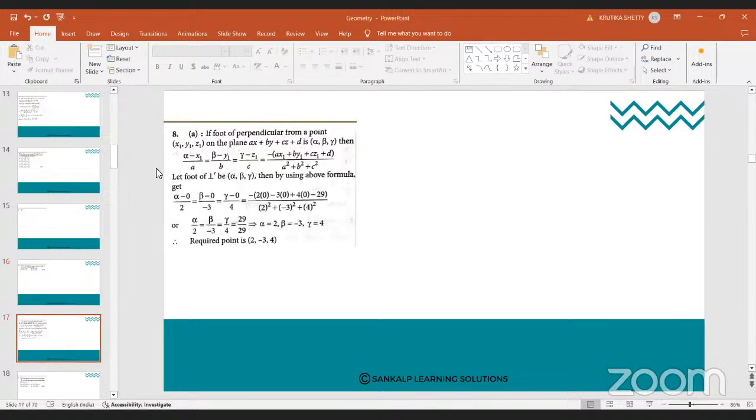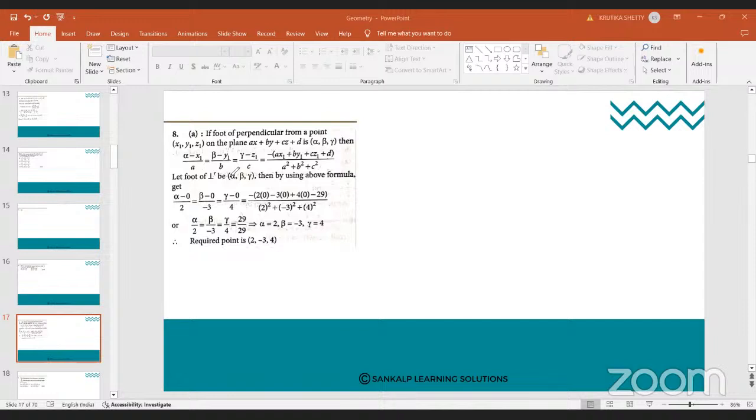So here first, we are considering the foot of the perpendicular from the point (x1, y1, z1) on the plane ax plus by plus cz plus d equal to 0 as (alpha, beta, gamma), and then we get the equation of the type: (alpha minus x1) upon a, (beta minus y1) upon b, and (gamma minus z1) upon c is equal to minus (ax1 plus by1 plus cz1 plus d) divided by (a square plus b square plus c square).